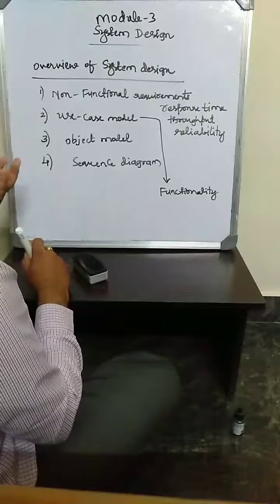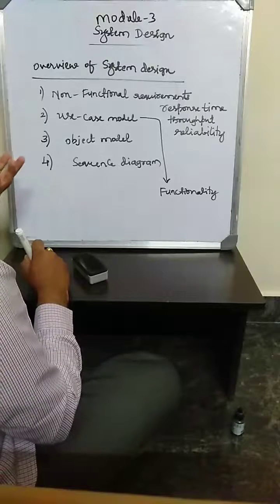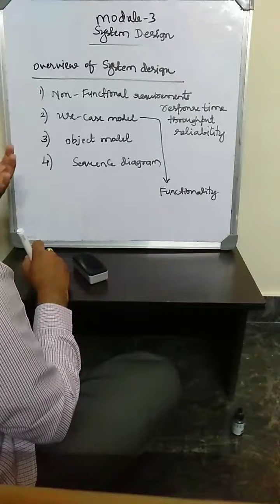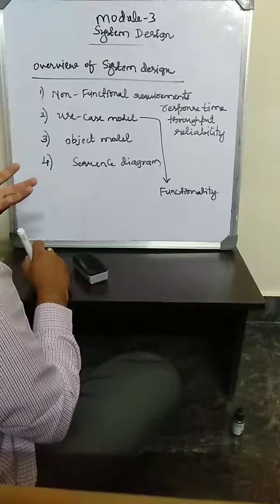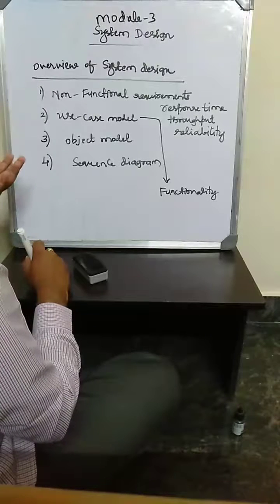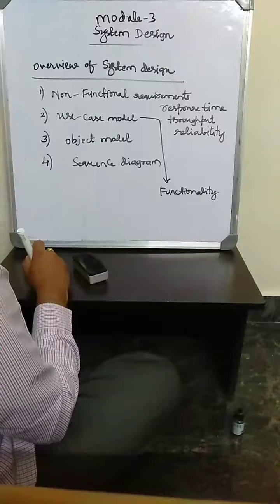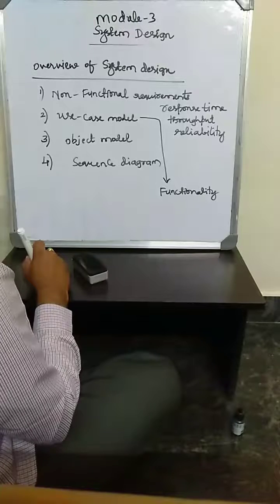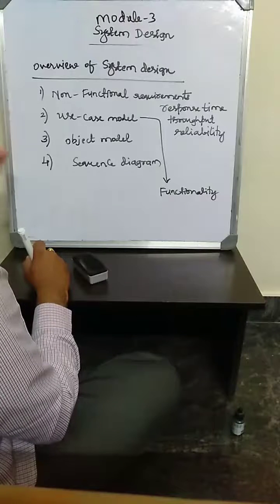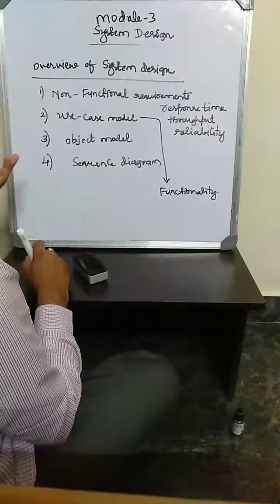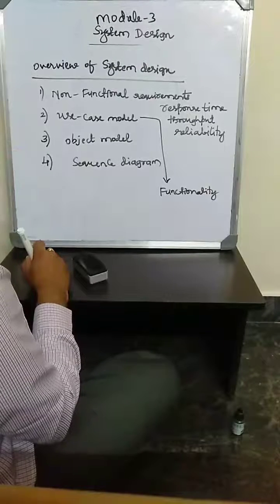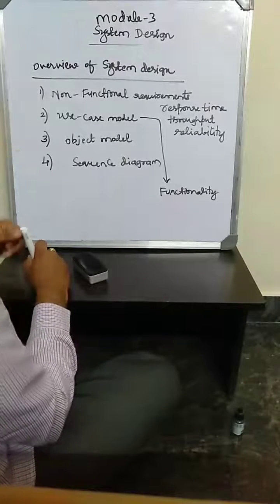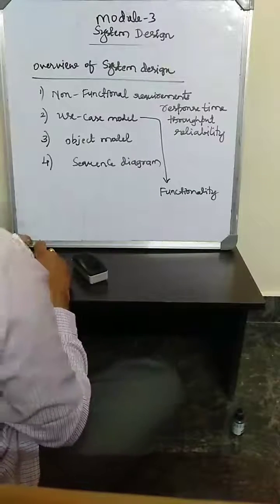Functions: the CPU is necessary for doing processing, the input unit is necessary for accepting the input, and the output unit is necessary for giving the output. In the similar way, here we make use of the use case model, and while writing it, we make use of actors and the functionalities that are being done by the actors. So that's about the second one, the use case model.